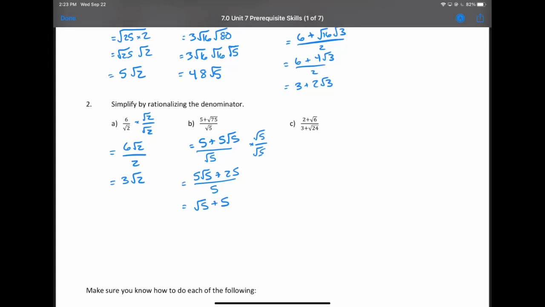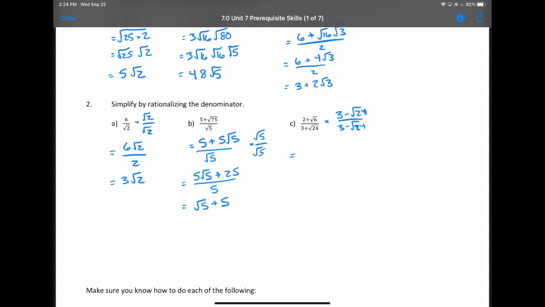So what we can do is play a little trick with the difference of squares and multiply that by 3 minus root 24. That, by the way, is something called the conjugate. 3 plus root 24 has a conjugate of 3 minus root 24. And when you multiply them together, they act like a difference of squares.